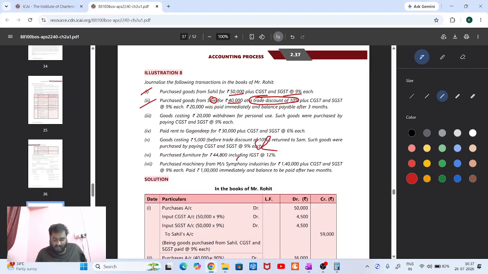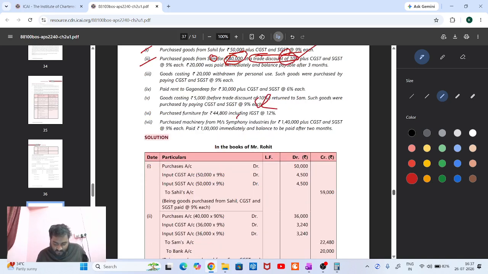So here the thing is 40,000 minus 10%, which is 36,000. I will explain the entry from below. 36,000 purchases, input CGST, input SGST, 36,000 into 9%, not 40,000 into 9%. Star mark this.